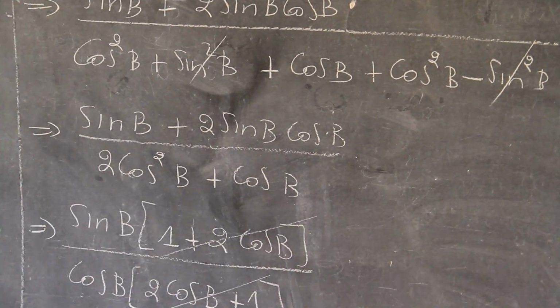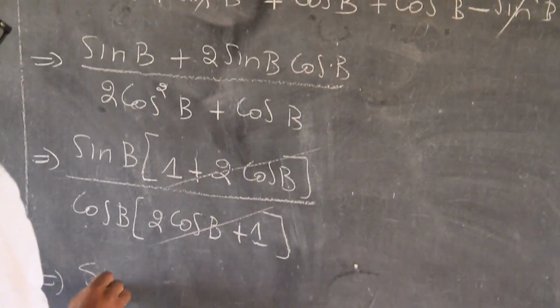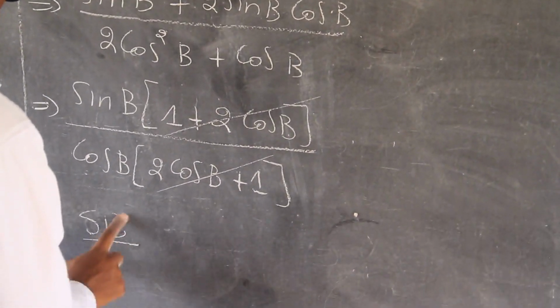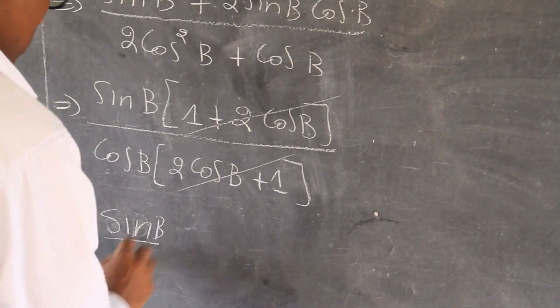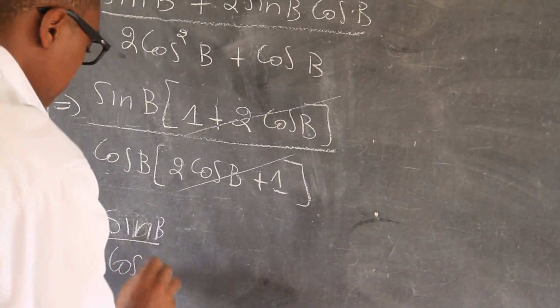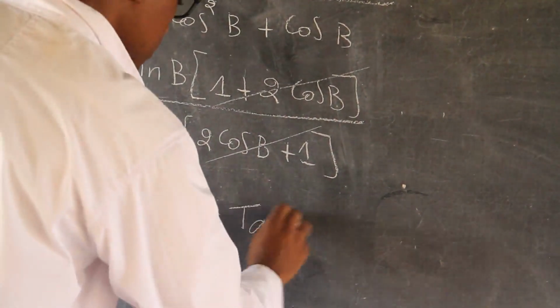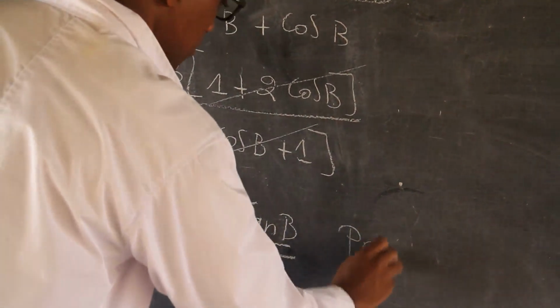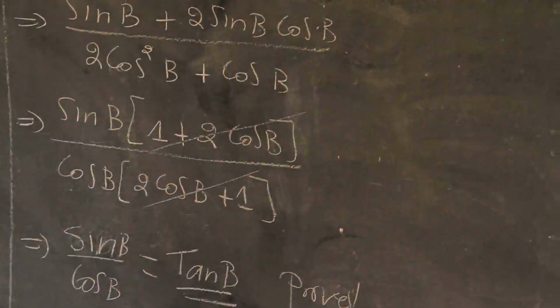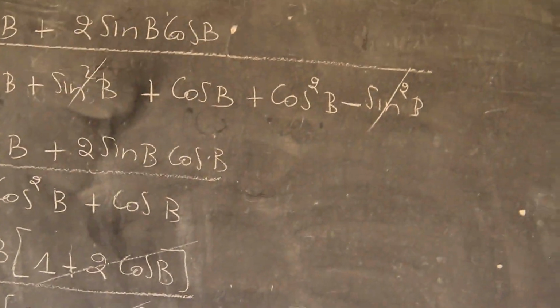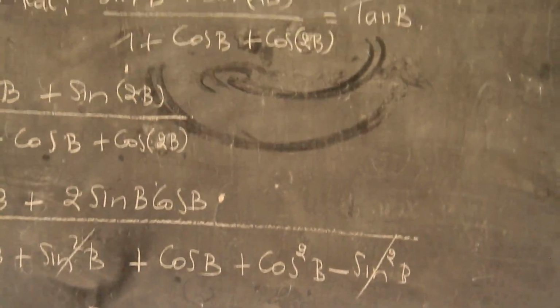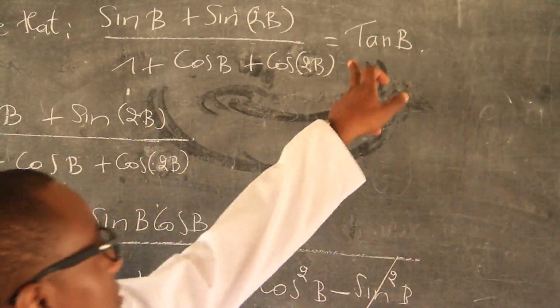So once I simplify, I get sine B over cos B. So sine over cos is tan. So proved.